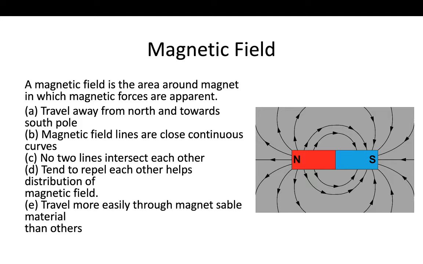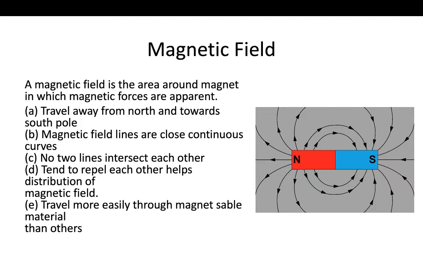In an electric field, the electric current flowing through it was forming the field. But in a magnet, because the magnet is itself a lodestone or a component, there is always a magnetic field around a magnet.